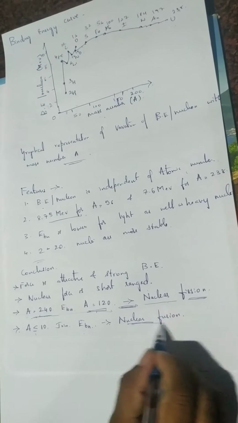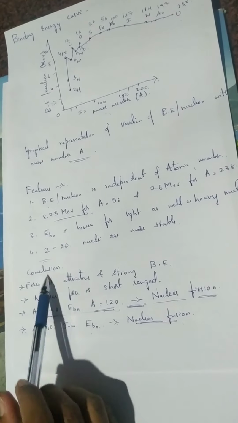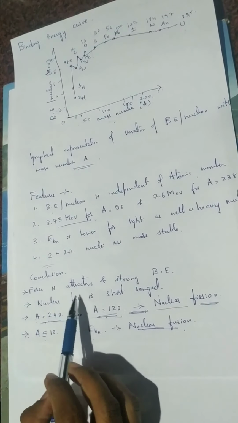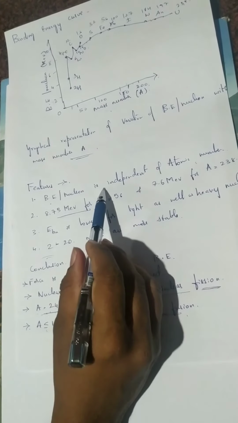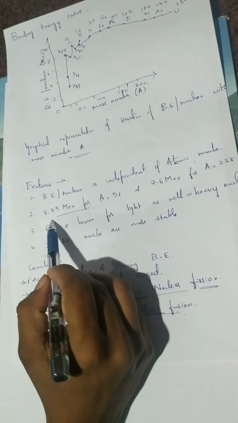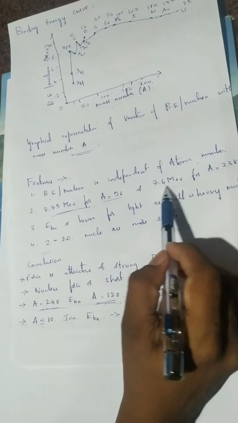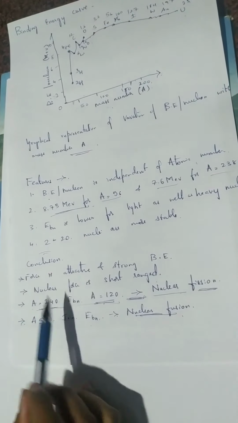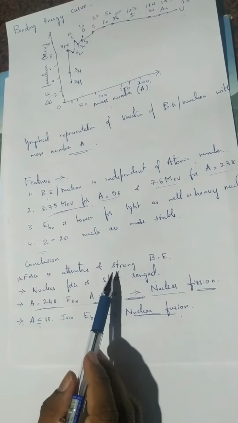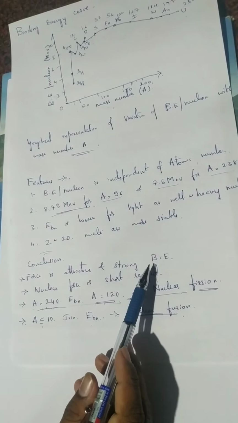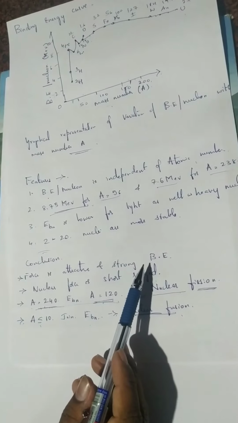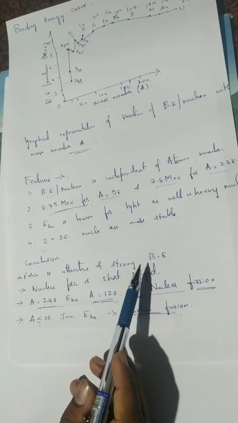So what conclusions have we got from this binding energy curve? One is that the force is attractive and sufficiently strong to produce binding energy. We have seen that we got this much energy for this and this much energy for this. Specific binding energy gives the stability of the atoms.